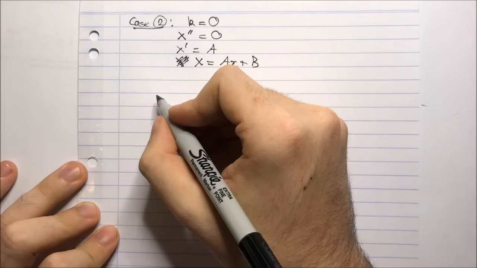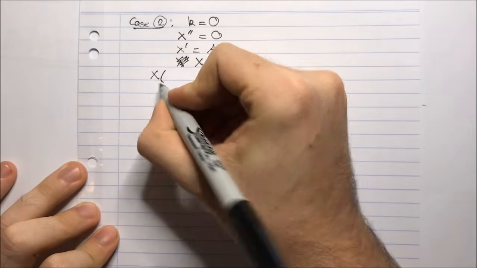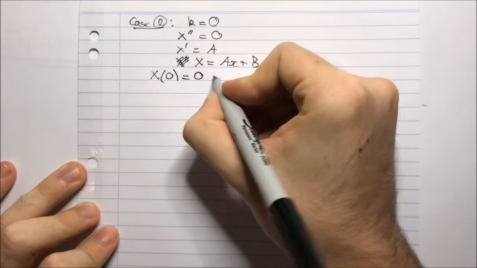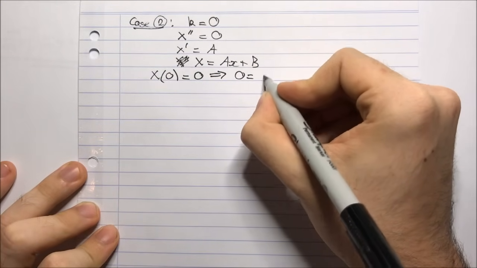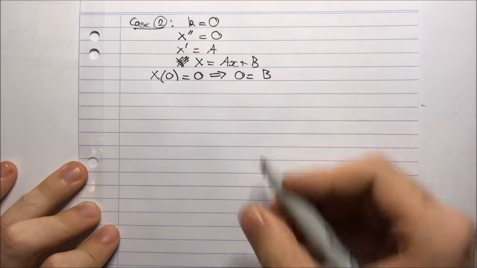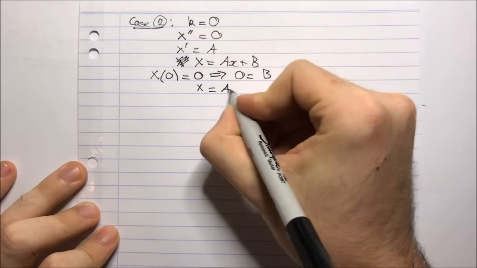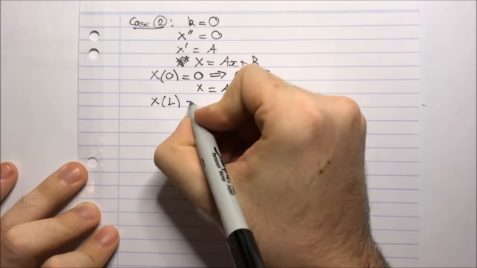And so let me now use my boundary conditions, which were X of 0 equals 0, which means 0 equals a times 0 plus b, so it's just b. So b is equal to 0, so therefore I have X equals ax, because b is 0. Now what about my other condition? X of L is equal to 0.